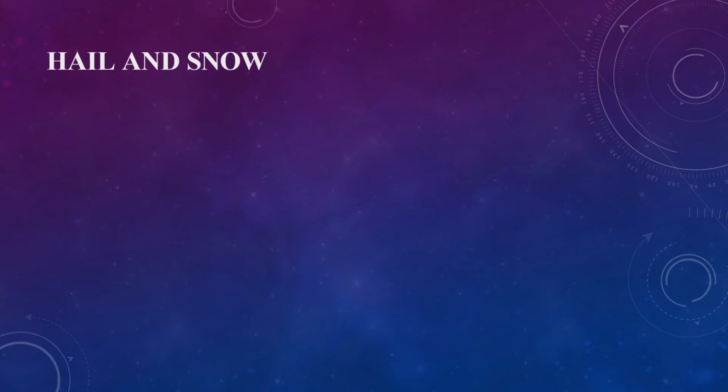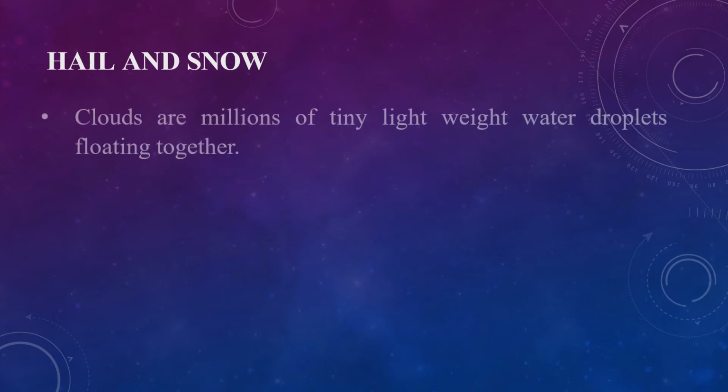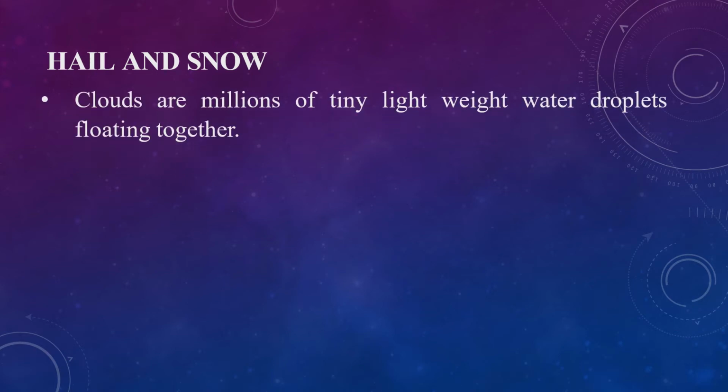Let us know something about hail and snow. Clouds are millions of tiny, lightweight water droplets floating together. So you can see that clouds are there up in the sky. What are the clouds? They are nothing but tiny lightweight water droplets floating together.